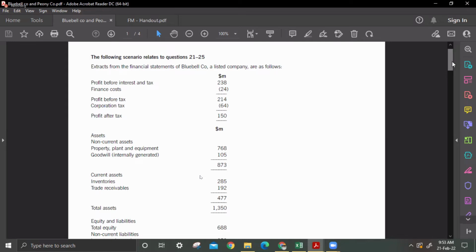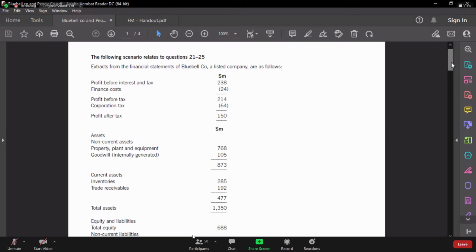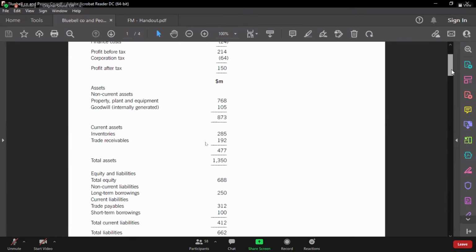Guys, can you all see the screen and are you all solving? Yes, ma'am.